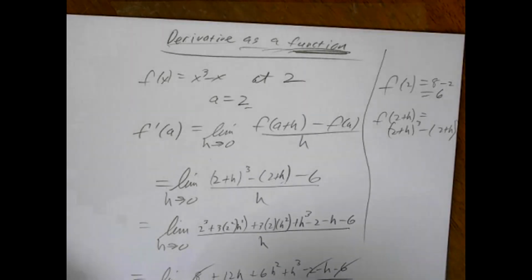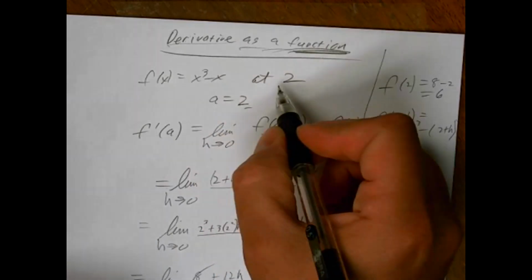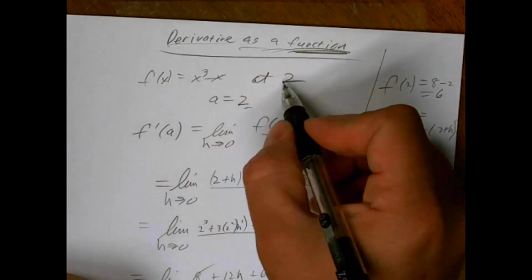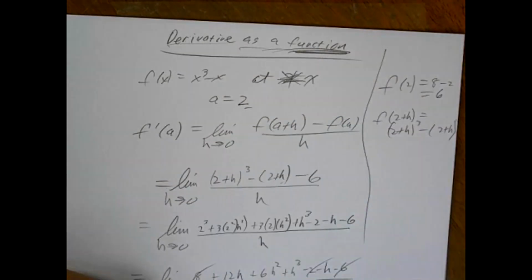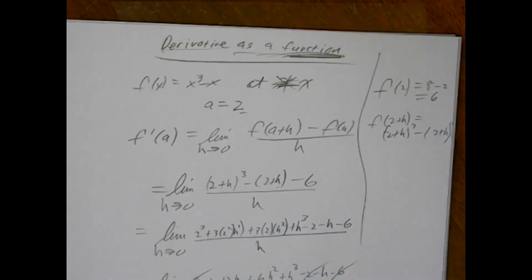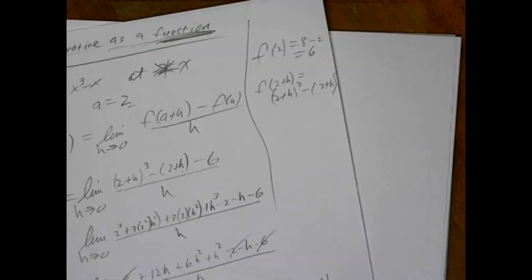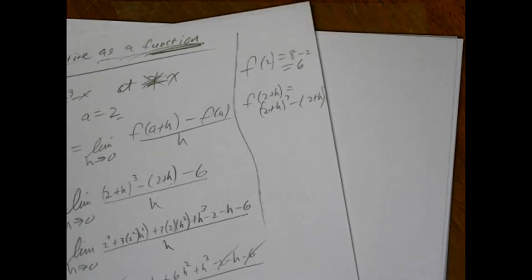All right, so let's take this same function, and we're going to say we want to know its derivative not at 2, but at any number x, any x value. So therefore, at that moment, the definition of derivative is going to be rewritten.